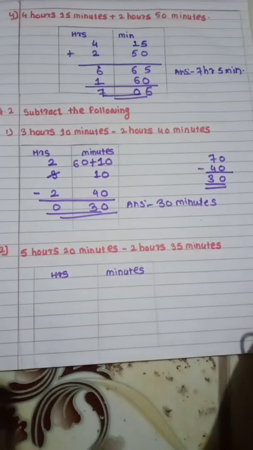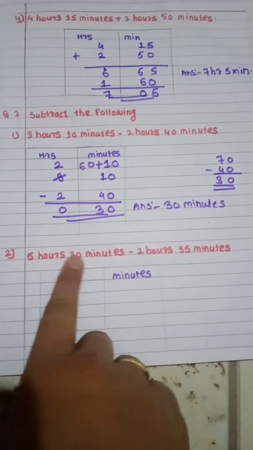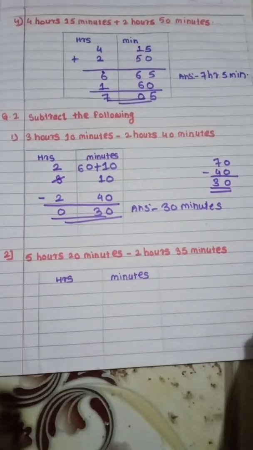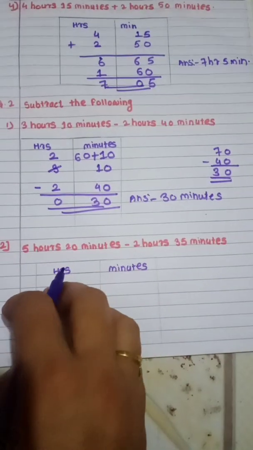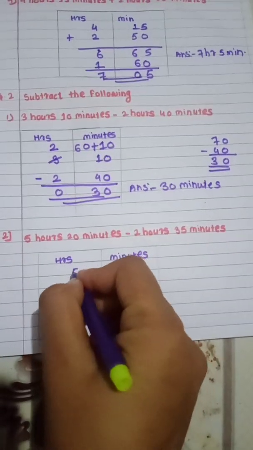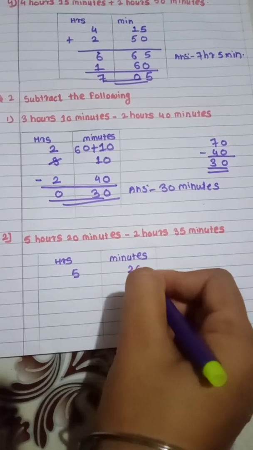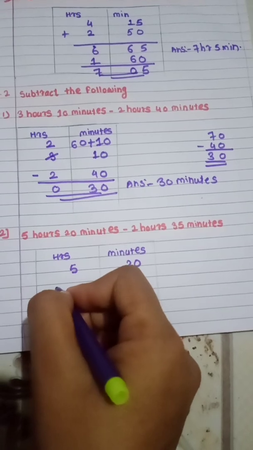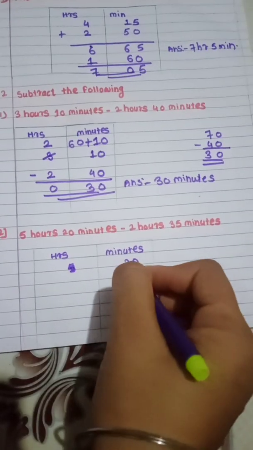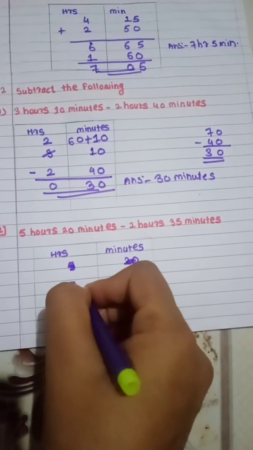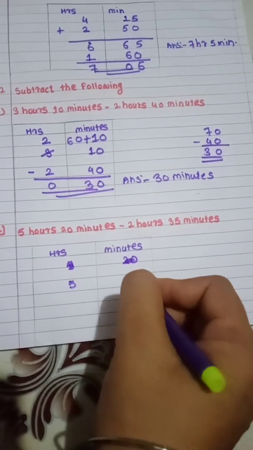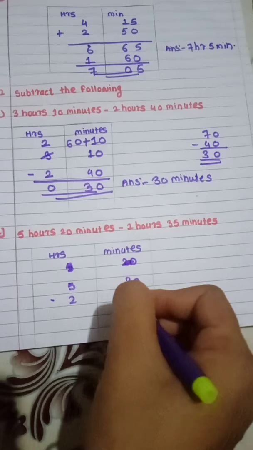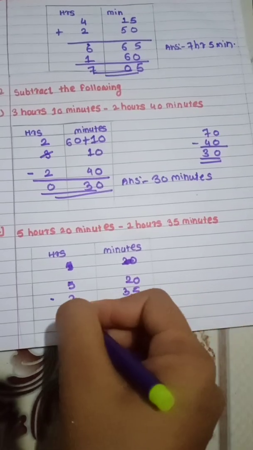Now question number 2. 5 hours 20 minutes minus 2 hours 35 minutes. So I will write 5 hours 20 minutes minus 2 hours 35 minutes.